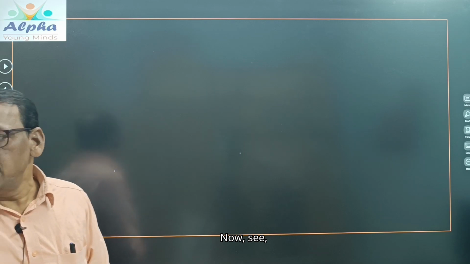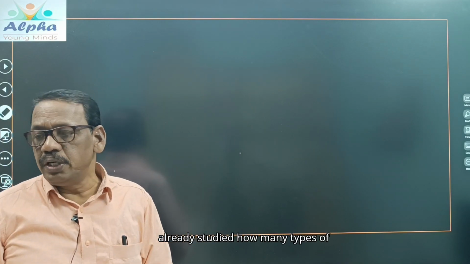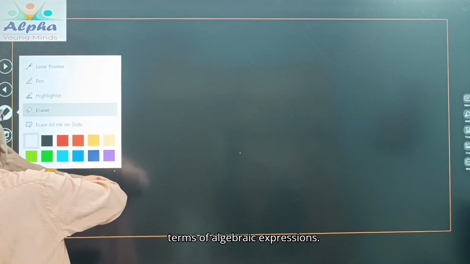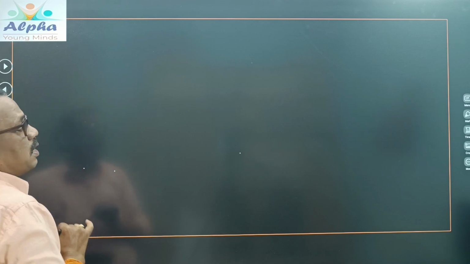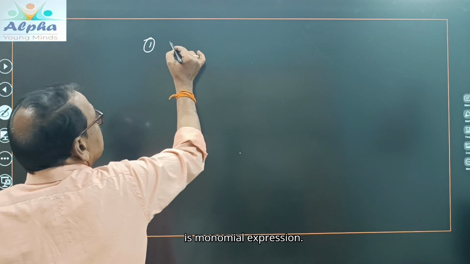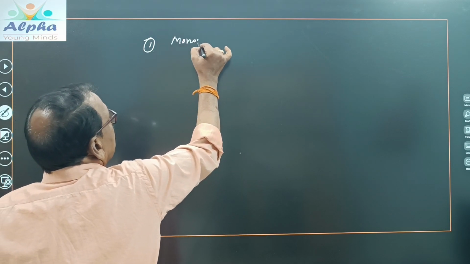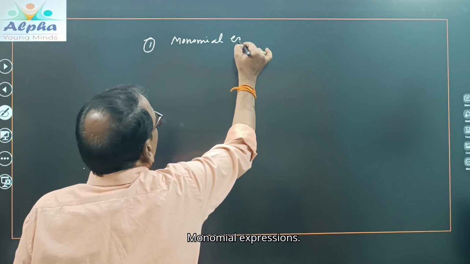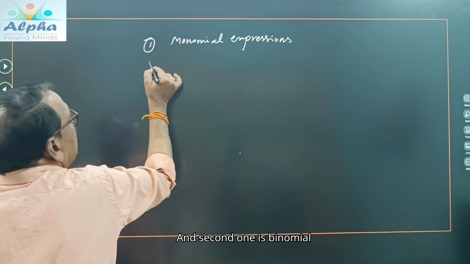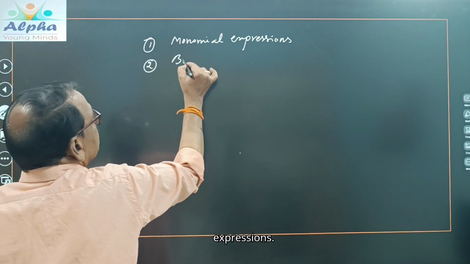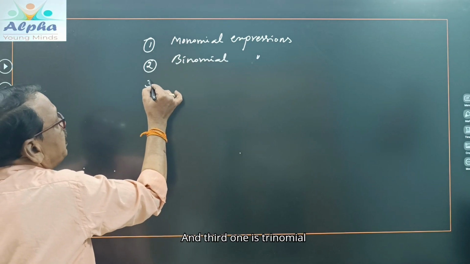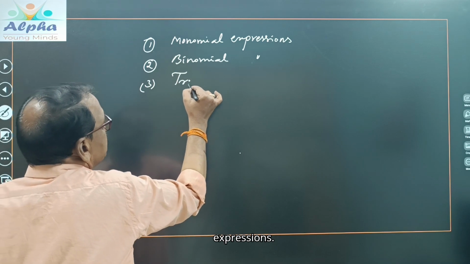Now see, already you studied how many types of algebraic expressions, based on the number of terms. Number 1 is monomial expressions. Second one is binomial expressions. Third one is trinomial expressions.